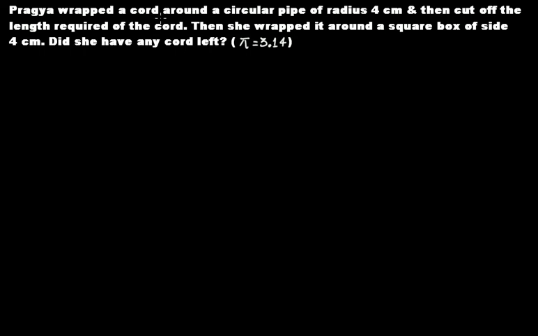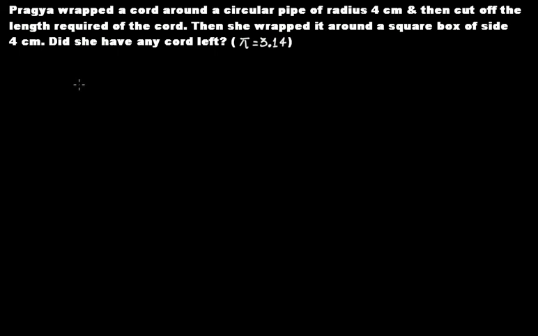Pragya wrapped a cord around a circular pipe of radius 4 cm and then cut off the length required of the cord. Then she wrapped it around a square box of side 4 cm. Did she have any cord left? So let's suppose that this is the top view of the circular pipe.